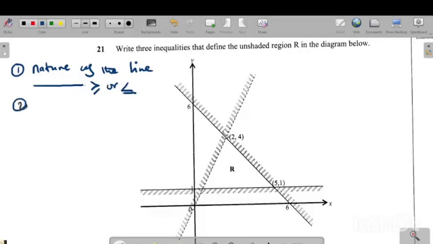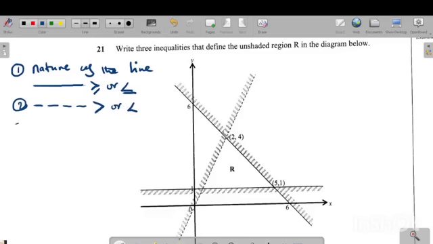Number 2, you need to know if it's a dotted line. If it's a dotted line, your inequality is going to have either the greater than symbol or the less than symbol.